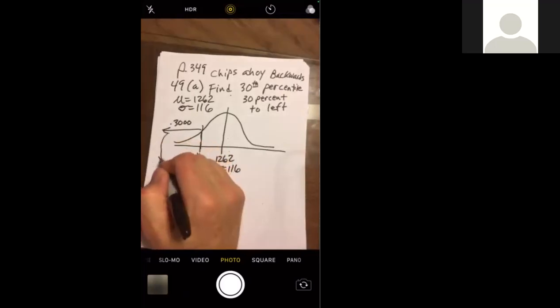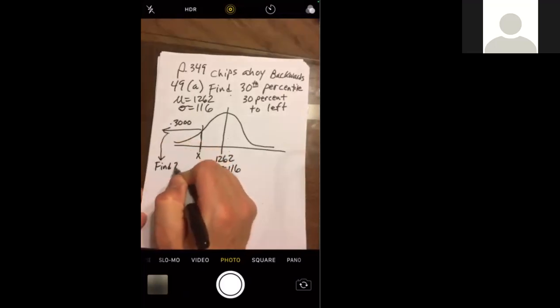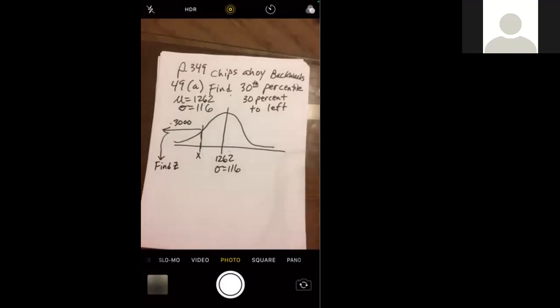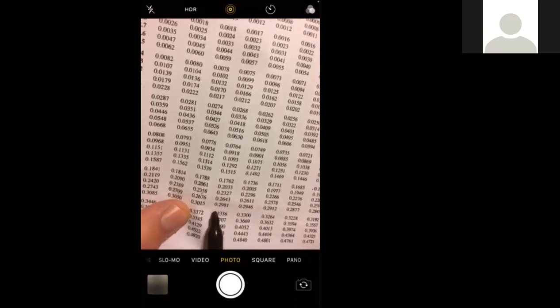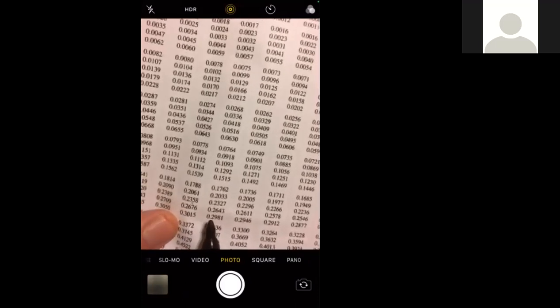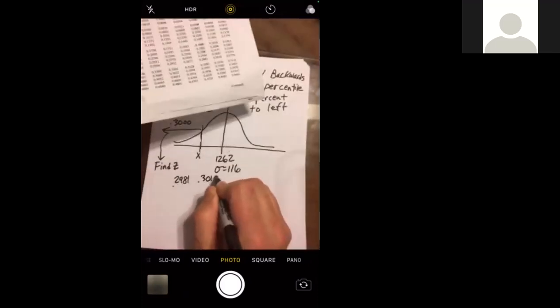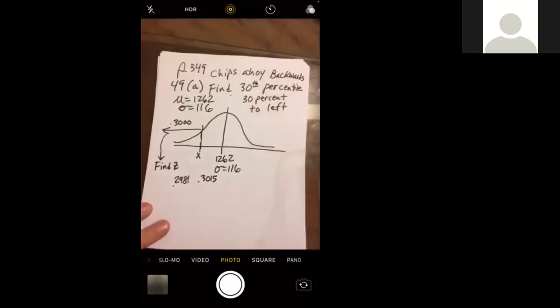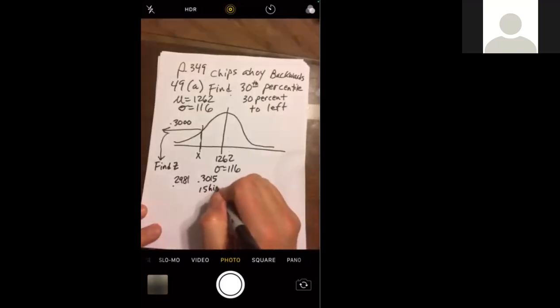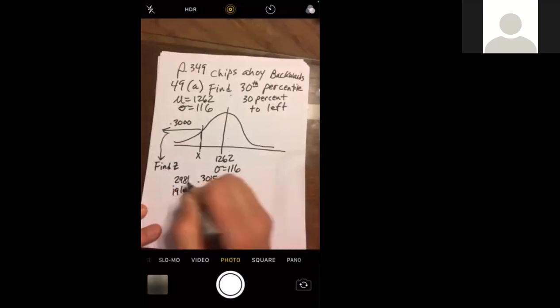So I look that up and find Z. Okay, I see a 0.3015 and a 0.2981. I'm going to write them least to greatest in reverse order to the paper. 0.3015 is 15 high, 19 low.